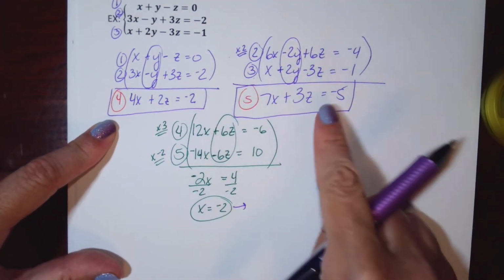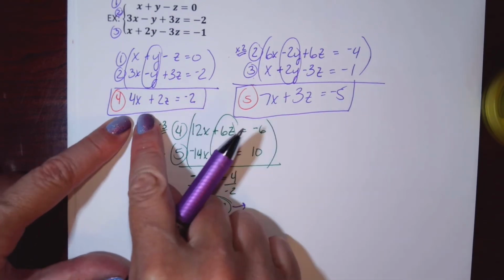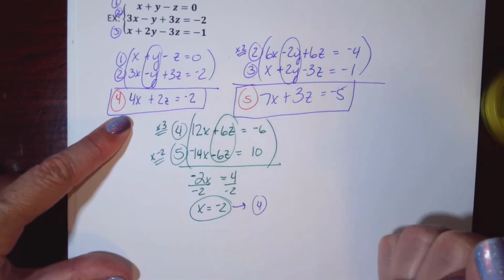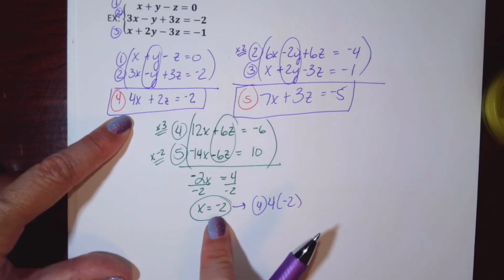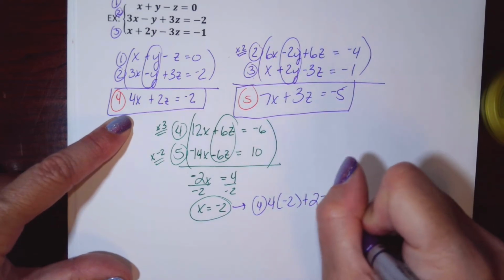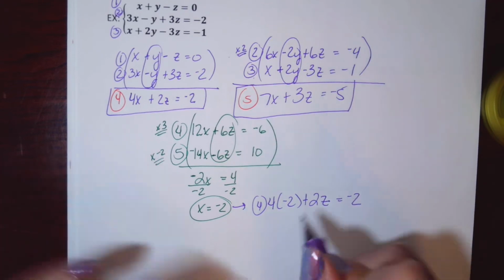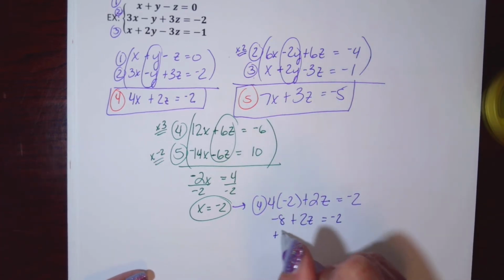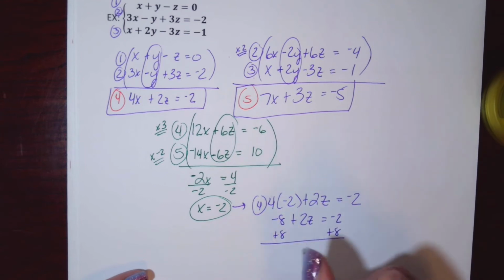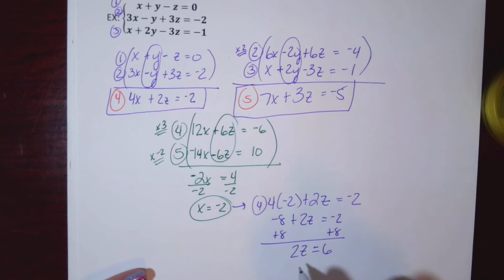Let's just, these numbers are a little smaller, so we'll plug it into equation 4. 4 times negative 2, because that's the value I found for x, plus 2z equals negative 2. So that gives me negative 8 plus 2z equals negative 2. If I move that 8 over, just be careful with your signs, your pluses and minuses as you work your way through to make sure that you keep things on track.